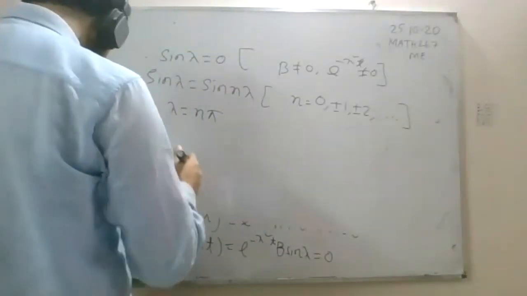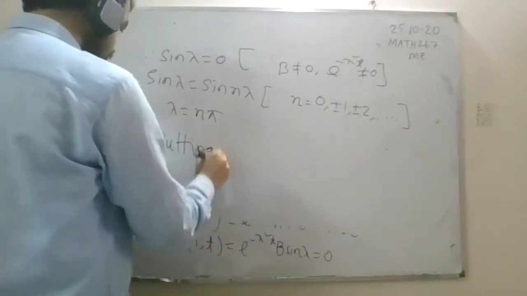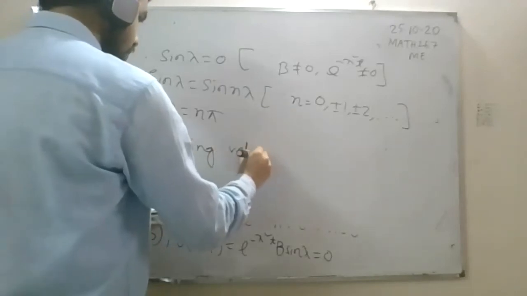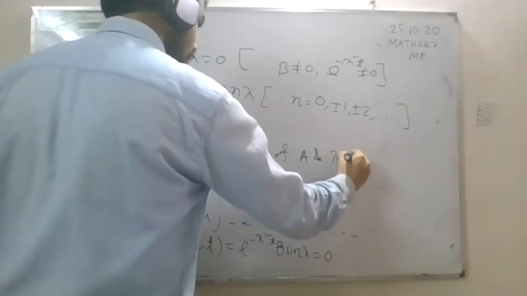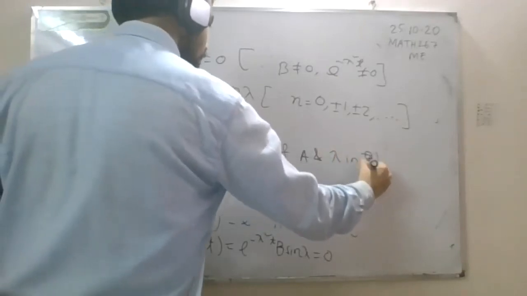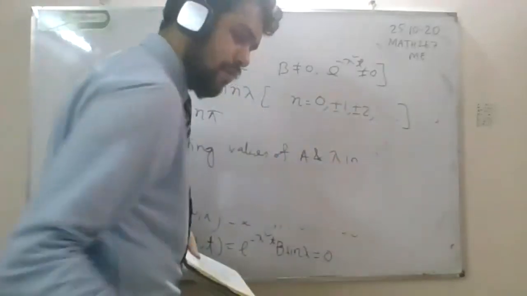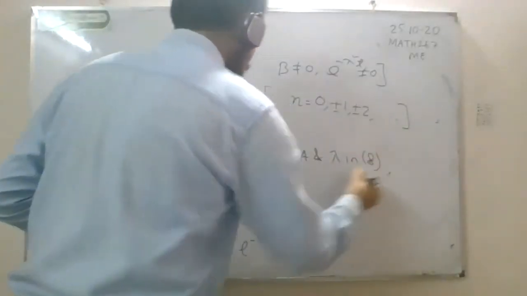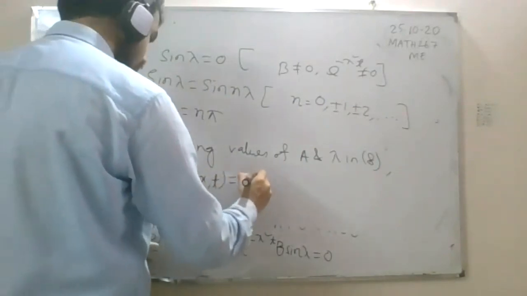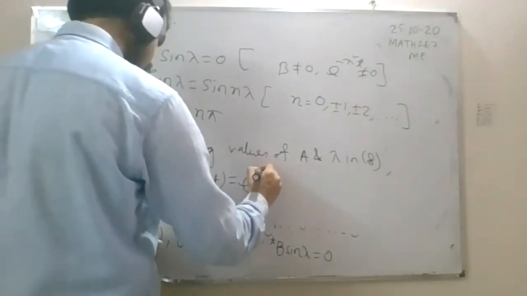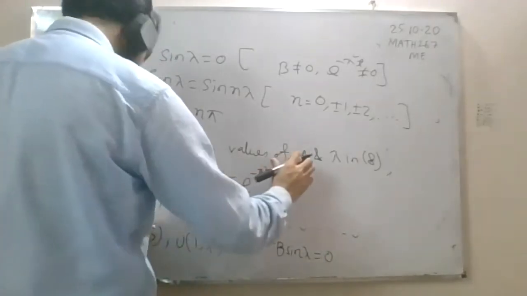Now just put those things in equation 8 and you get u(x,t).